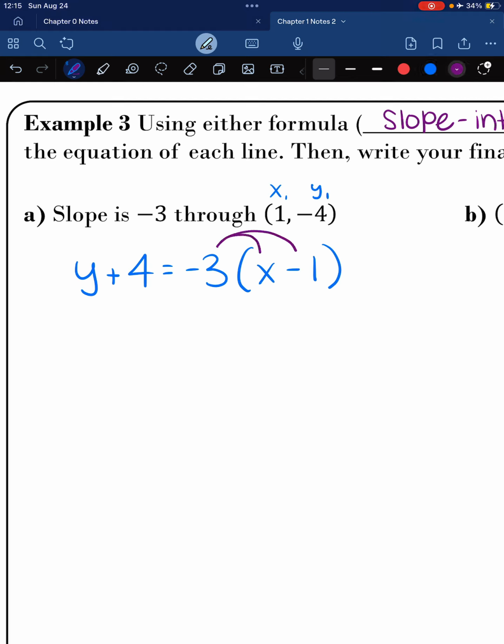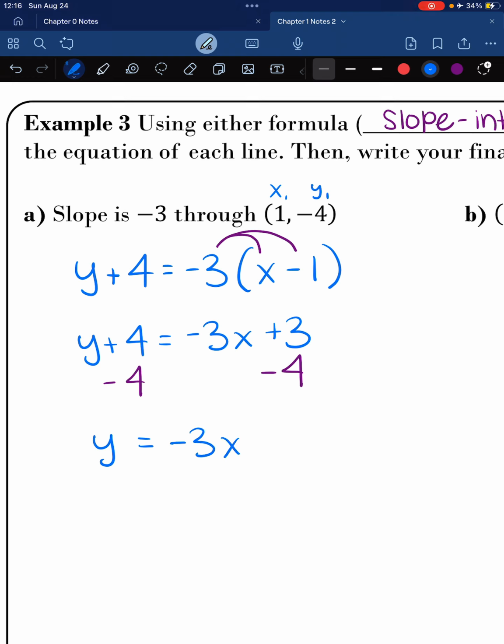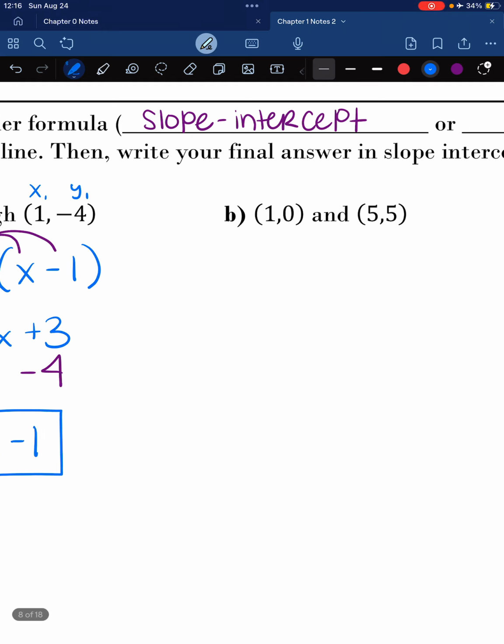Okay, I'm going to go ahead and distribute this negative 3. Subtract 4 from both sides. And my final answer is in slope-intercept form.